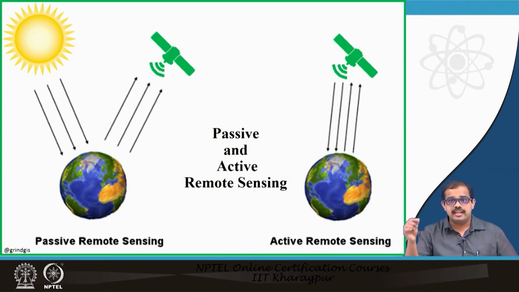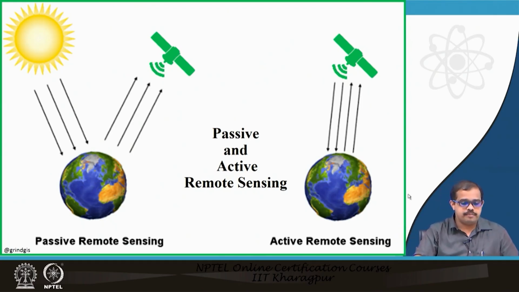If the satellite has its own source of energy, for example in microwave remote sensing, that energy hits the earth's surface and the reflections are captured by the sensor on board the satellite. Then it is called active remote sensing.